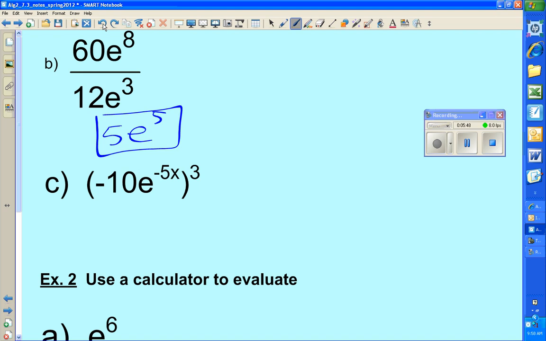The second one is a little trickier, and there's also temptation to do something wrong. Johan, what'd you get on this one? Negative 1,000 over... negative 15x, and of course you change that to negative 1,000.